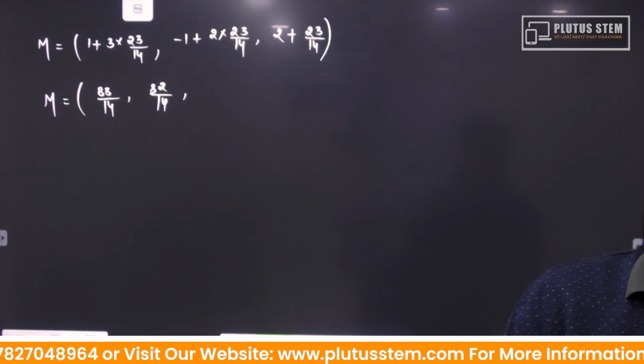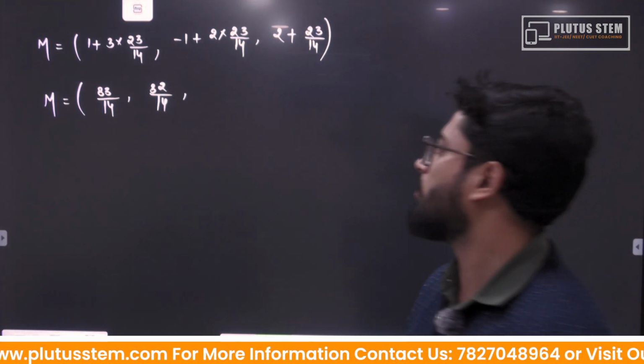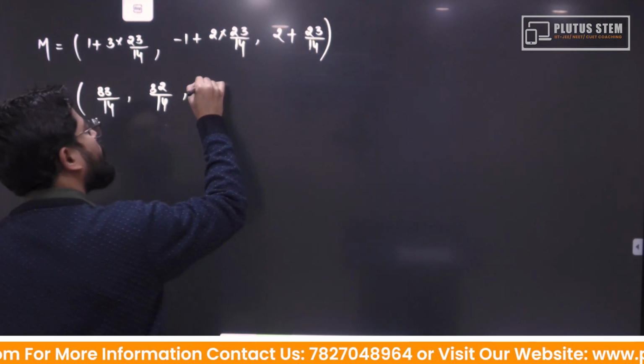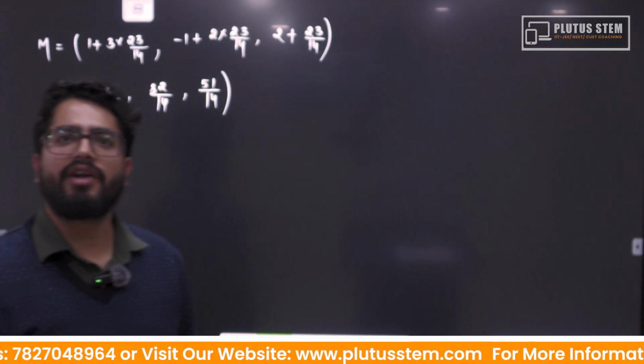So that is 83 by 14, 32 by 14, 51 by 14. These are the coordinates of M.